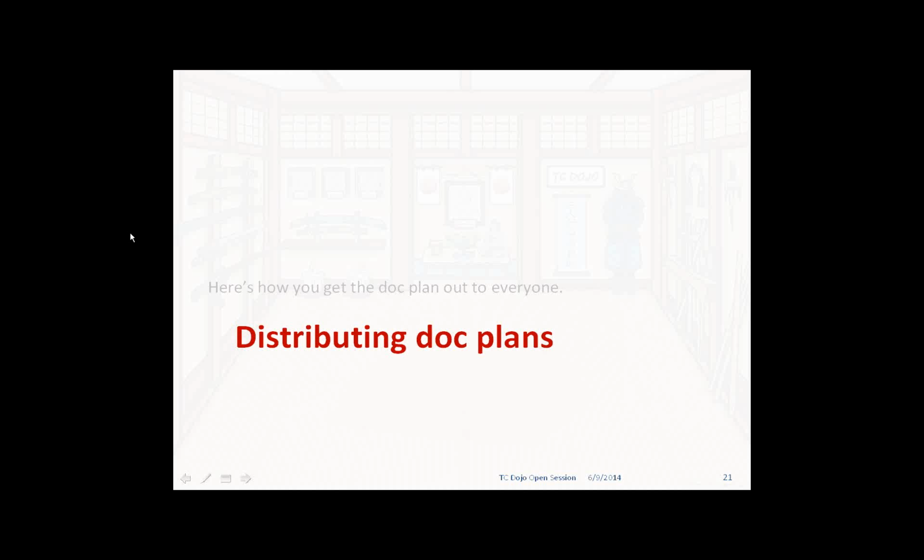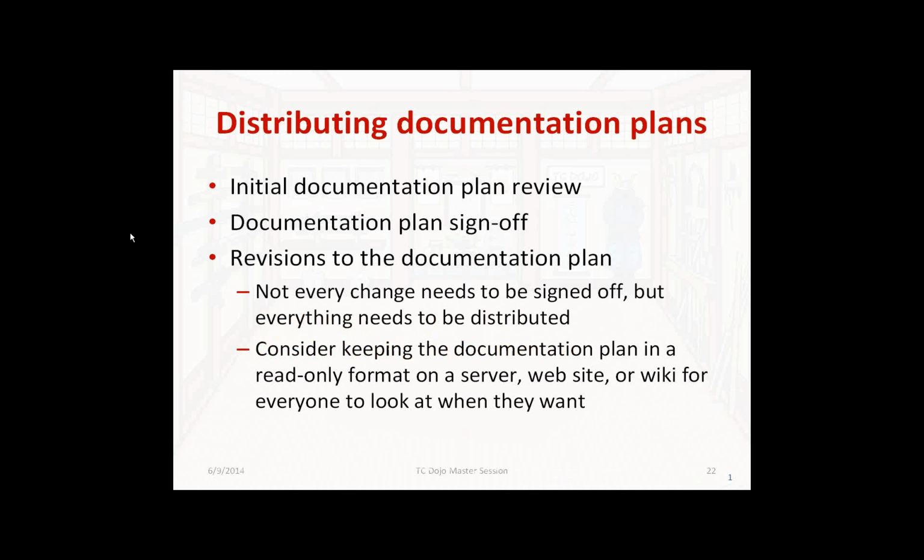I'm going to rely on you looking at the template style, but I do want to say a few things about distributing documentation plans. You will issue your initial documentation plan. You'll send it out to all of your reviewers and approvers, and you'll run this around. You'll get feedback, and you'll match on it and improve it.